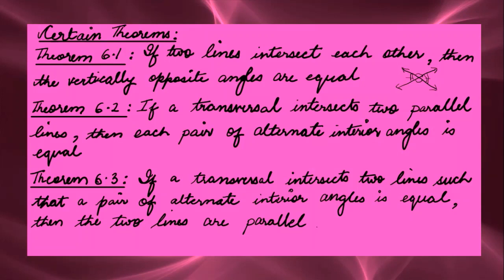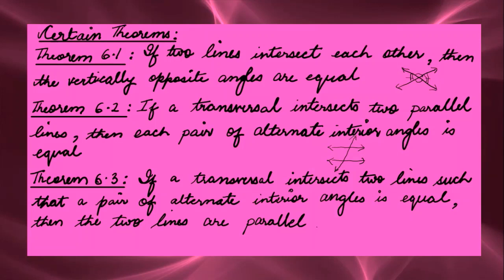Theorem 6.2: if a transversal intersects two parallel lines, then each pair of alternate interior angles is equal. Here these are your two parallel lines, and I have taken a transversal over here, a straight line cutting these two parallel lines.